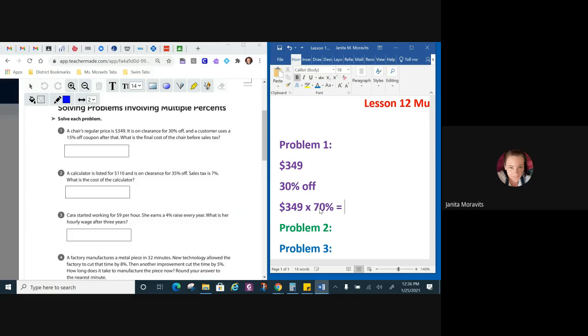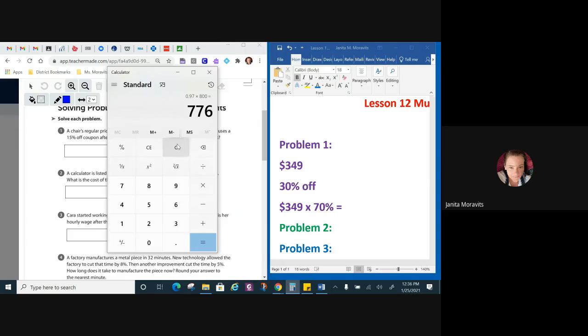And then we only come up with one number. Now, if we do 30% off first, then we have to subtract it from the 349. But this way, we only have to do one multiplication problem. So we're going to say 349 times 0.7. If you need the zero there to see it, that's fine. You move it 2 places to the left.